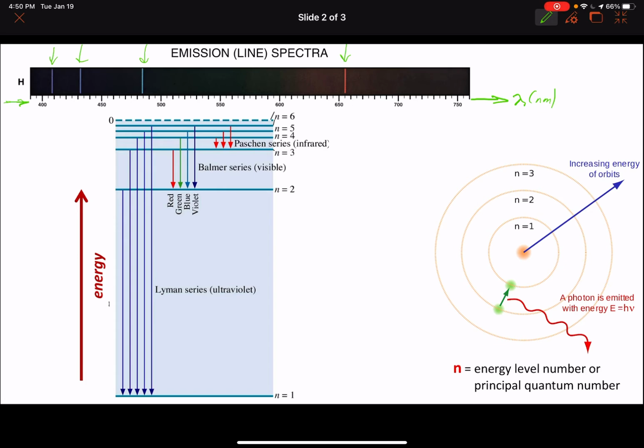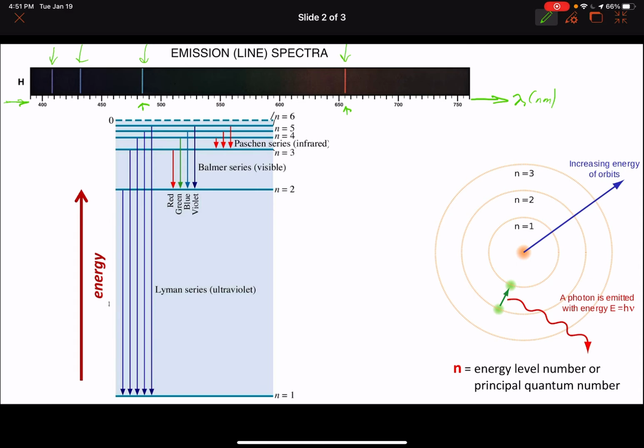So the red photons that are emitted are almost 650 nanometers. The cyan photons that are emitted are almost 500 nanometers. Those that are a little more blue are about 430 nanometers. And then there's another photon that's more violet, and it's just about 410 nanometers in wavelength.